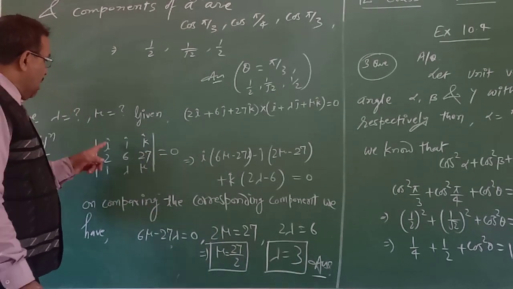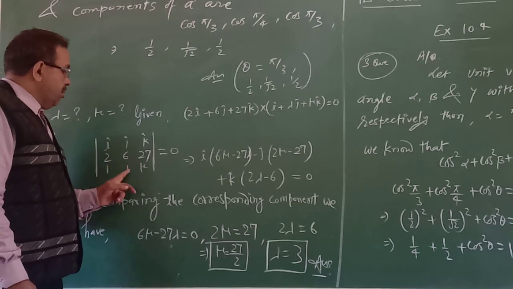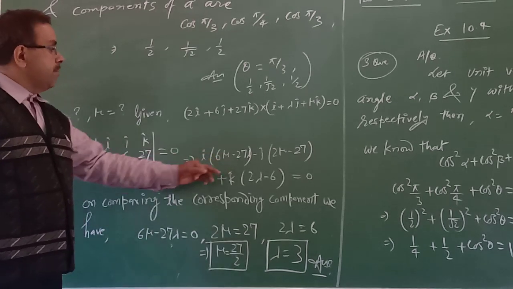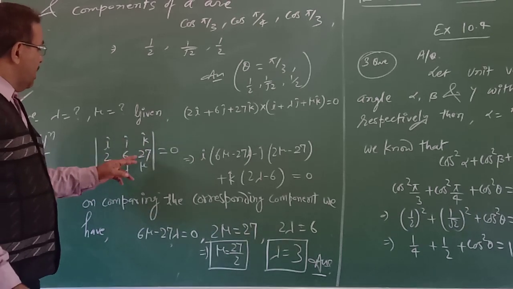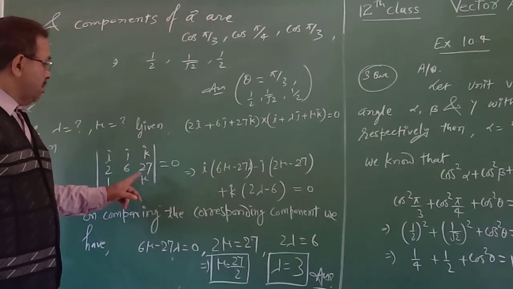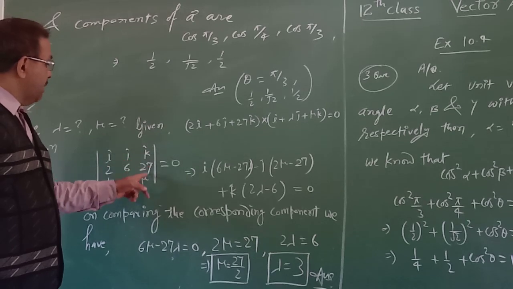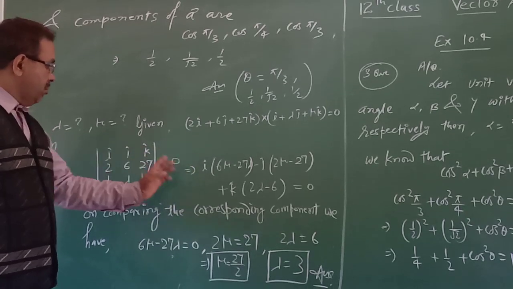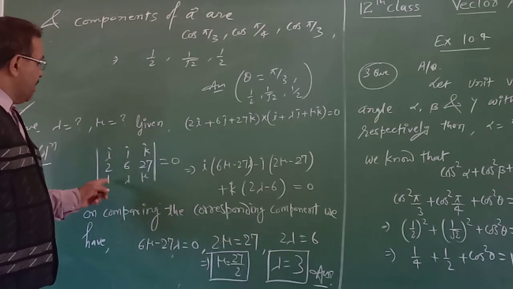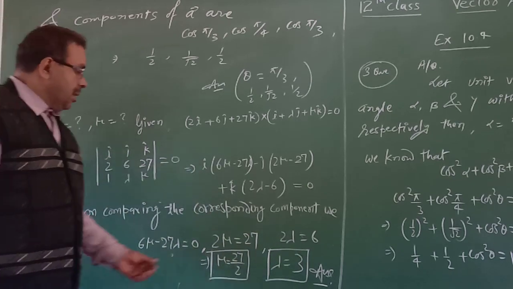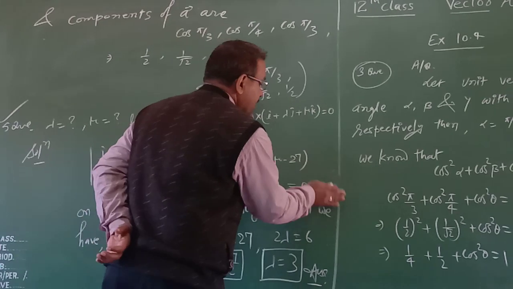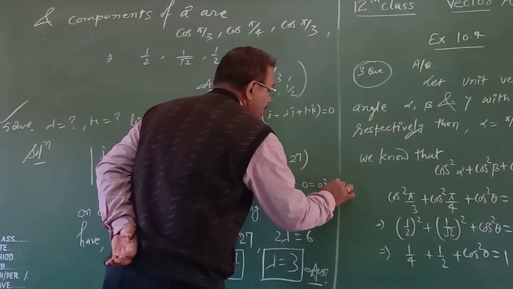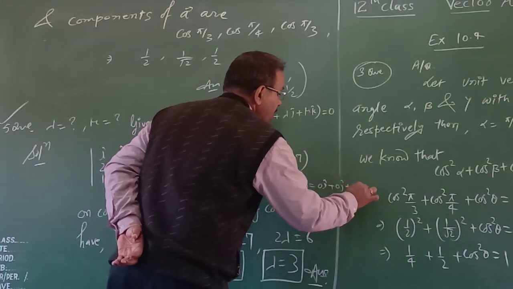Then i cap is equal to 6 mu minus 27 lambda, minus j, we close it and we get 2 mu minus 27, and the value of k into we have here 2 lambda minus 6 is equal to 0. It can also be written in this way 0i plus 0j plus 0k.